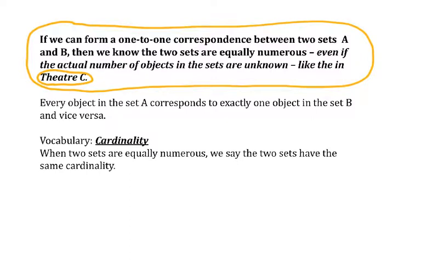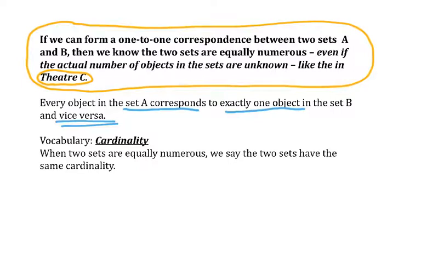We didn't know how many seats there were. But we know that those two numbers are the same. The two sets are the same size. So when you can form a one-to-one correspondence, it means every object in one set corresponds to exactly one object in the other set, and vice versa.